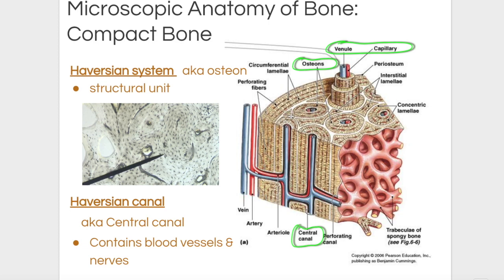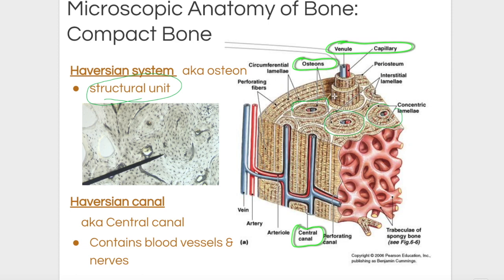And then on the inner parts, looking at the diaphysis here, we have these smaller rings. These rings are known as an osteon, so each component of a ring is known as an osteon, which is the structural unit of our compact bone, or skeletal system.